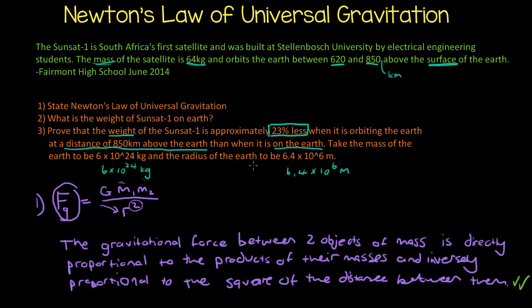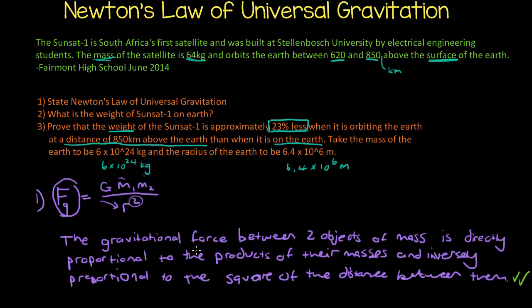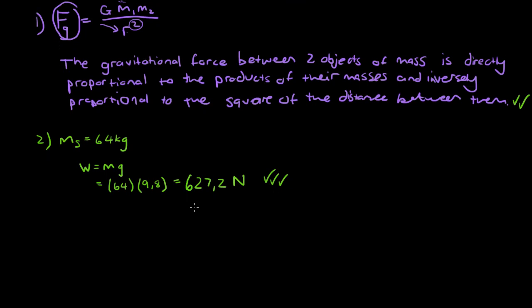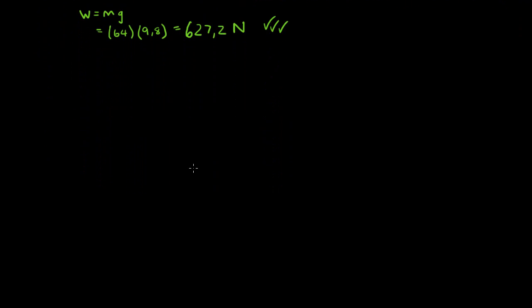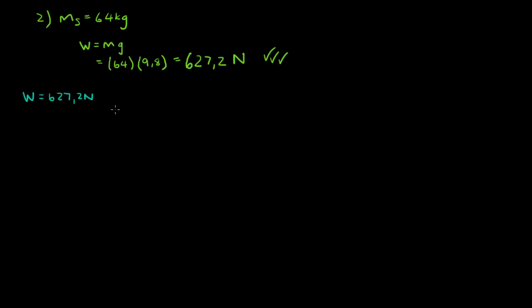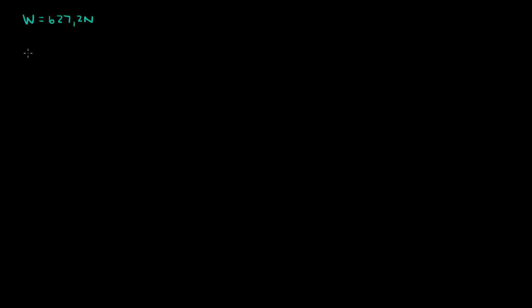Okay, so let's first draw a sketch, and I'm going to write everything down, we have it all nicely here. So we know our weight on Earth is 627.2 newtons. That's what we know. That's what we worked out in the previous question, right? Over here. Okay. We know the radius of the Earth, which is what they give us, is 6.4 times 10 to the 6 meters.